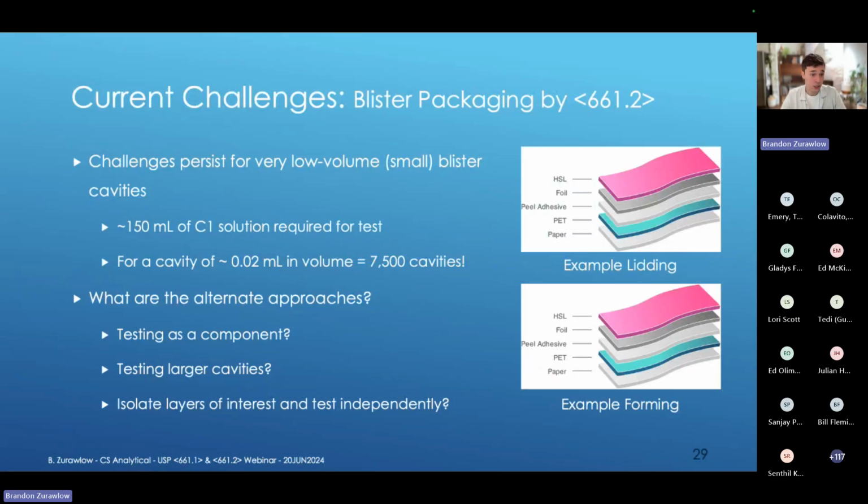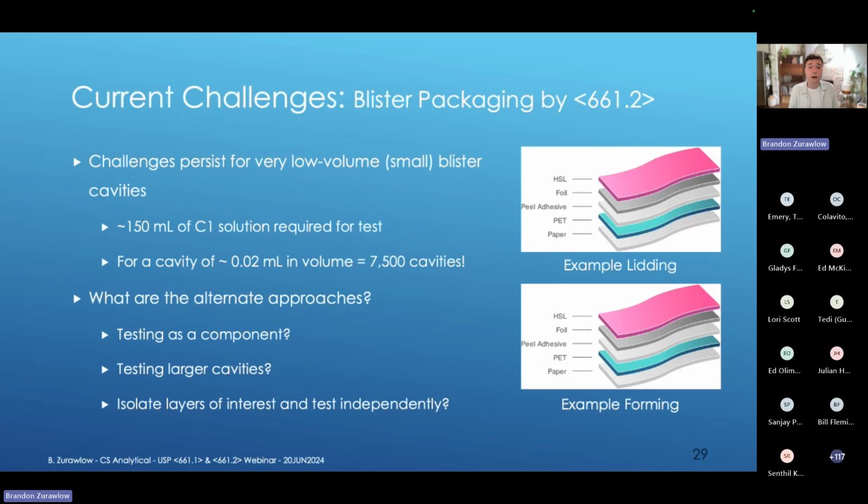One potential other option would be to isolate the layers of interest and test them independently. So, for example, this heat seal layer, typically a polymer, can we isolate that layer and test that by 661.1, for example, to characterize it from a physical-chemical perspective and say, okay, this material has been characterized, it's applied to foil, which is impermeable, and therefore we're confident that this multi-layer structure is suitable for its intended use.